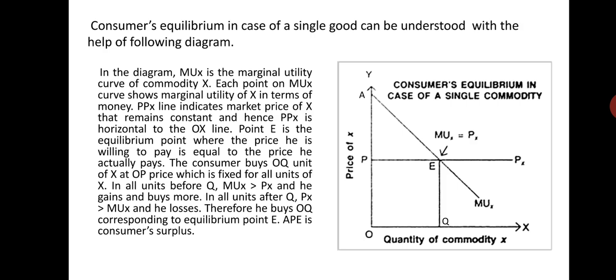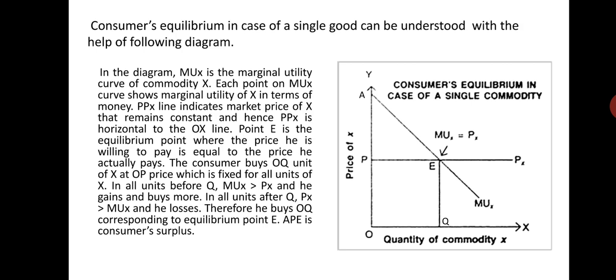Each point on the MUX curve shows marginal utility of X in terms of money. The PPX line indicates the market price of X. Mark the PPX line, which is parallel to the OX line. It is a fixed line. The PPX line indicates the market price of X that remains constant, and hence PPX is horizontal, parallel to the OX line.